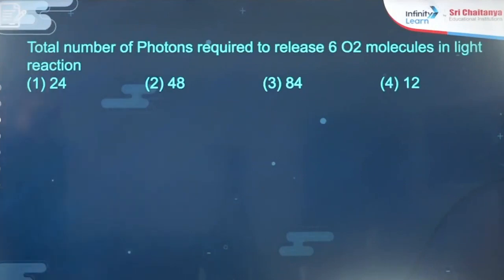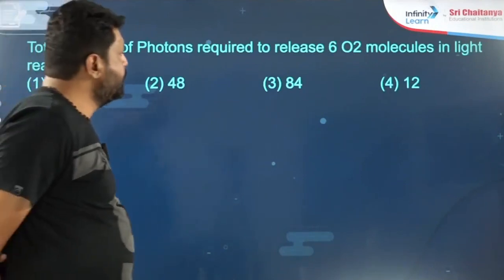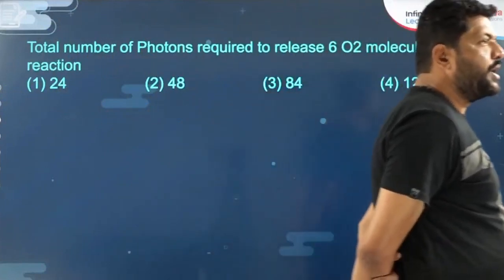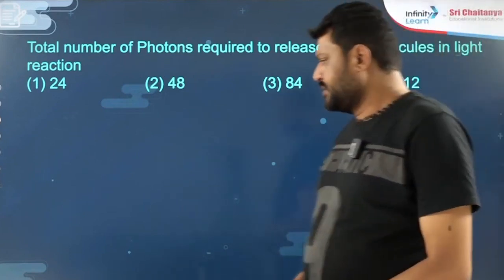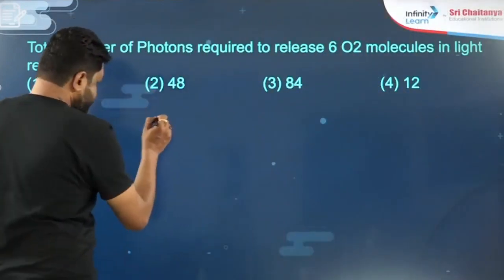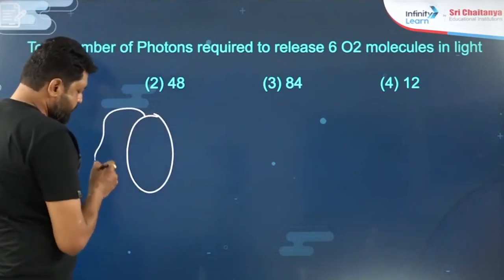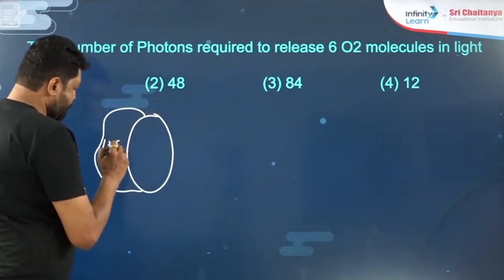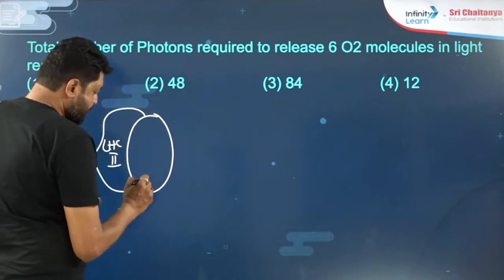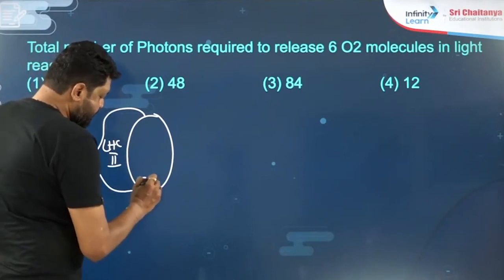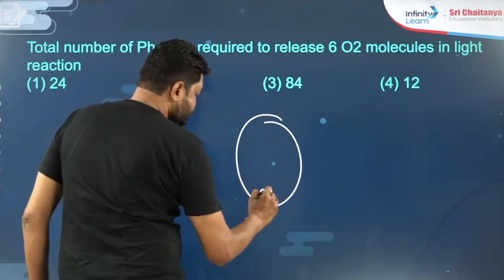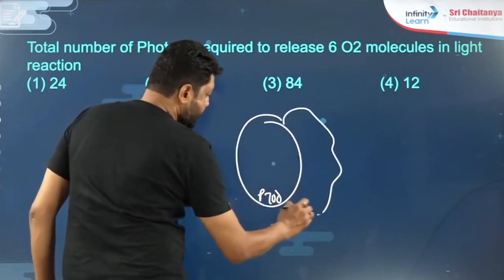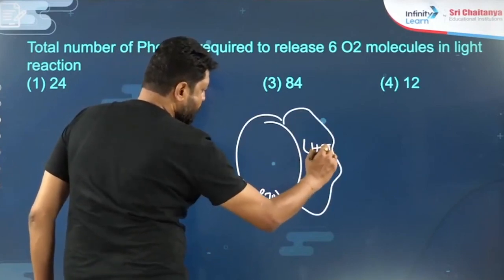Total number of photons of light required to release 6 O2 molecules in the light reaction. I told you already, this is pigment system 2, light harvesting complex LHC2, that is P680. This is pigment system 1, P700, that is light harvesting complex 1.